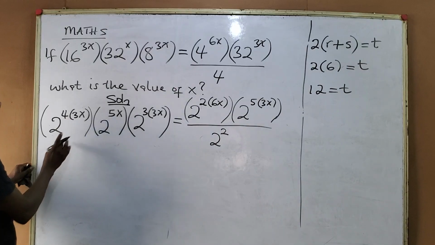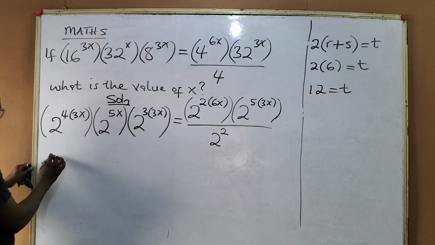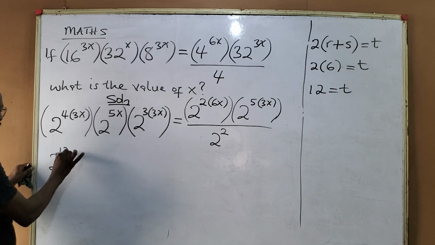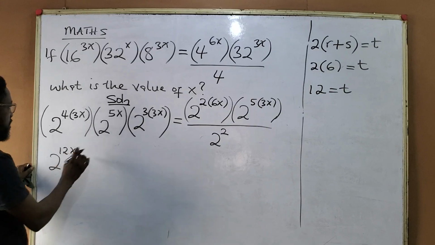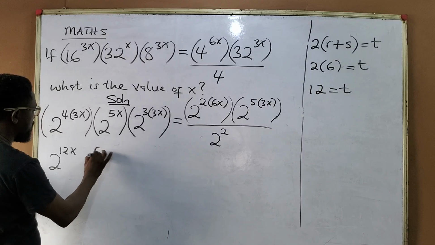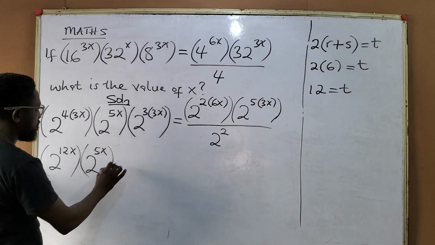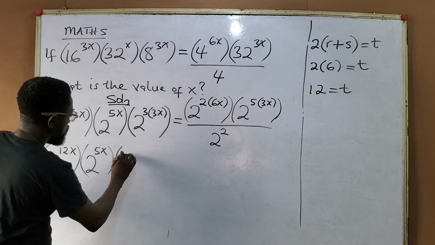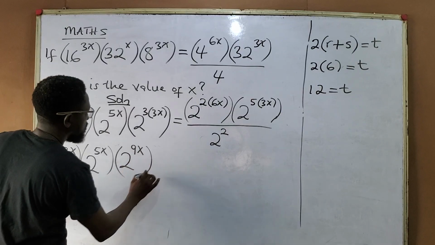So this one gives, we open a bracket now. 4 times 3 will give 12, so I get 2 to the power 12x. And this one is 2 to the power 5x. This one is 2 to the power 9x.